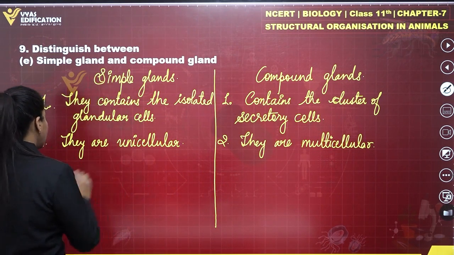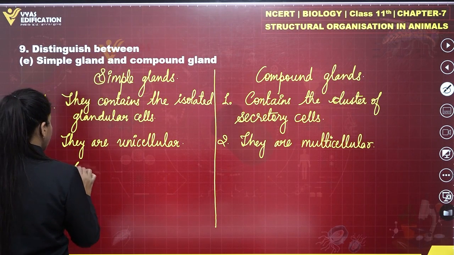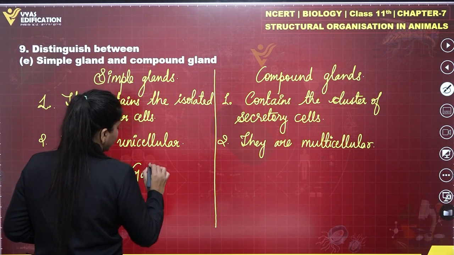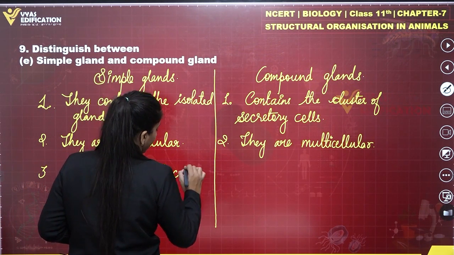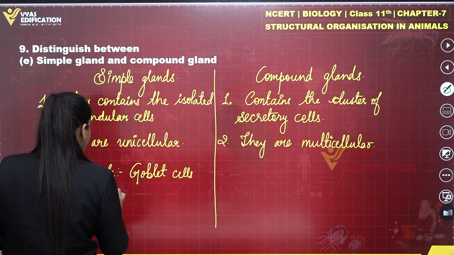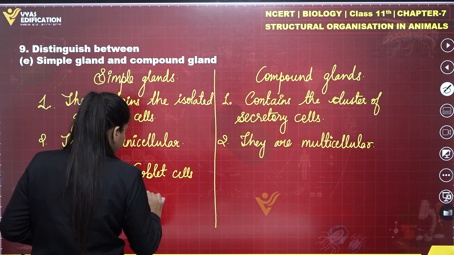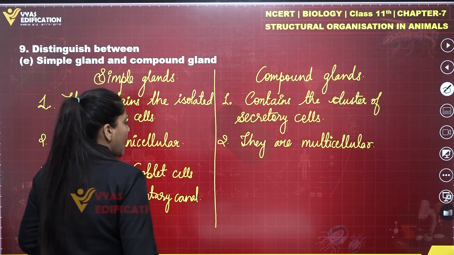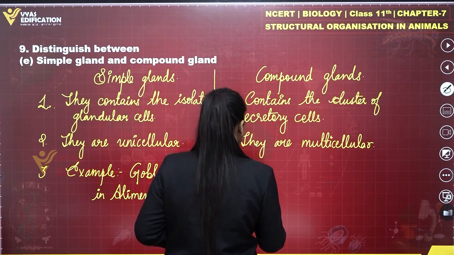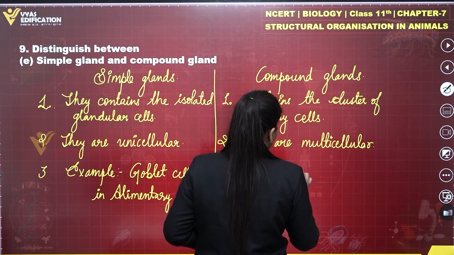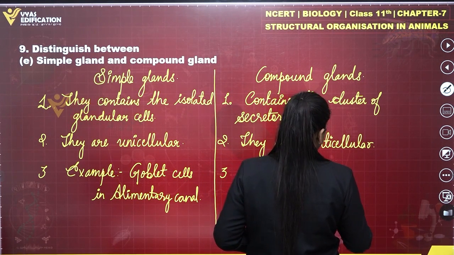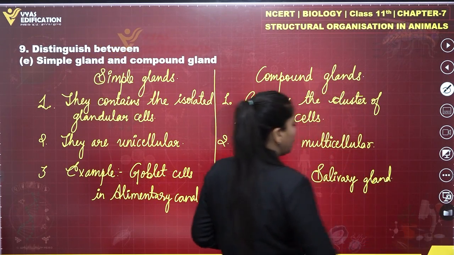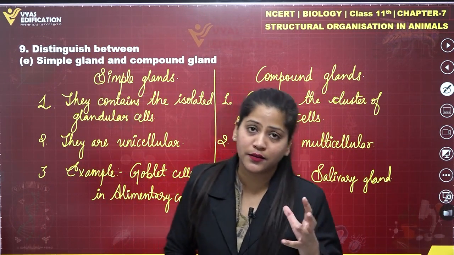Now if we talk about the examples, we have an example of simple gland as goblet cell in the alimentary canal, and the example for compound gland is salivary gland. So this is your example for compound gland and example for simple gland.